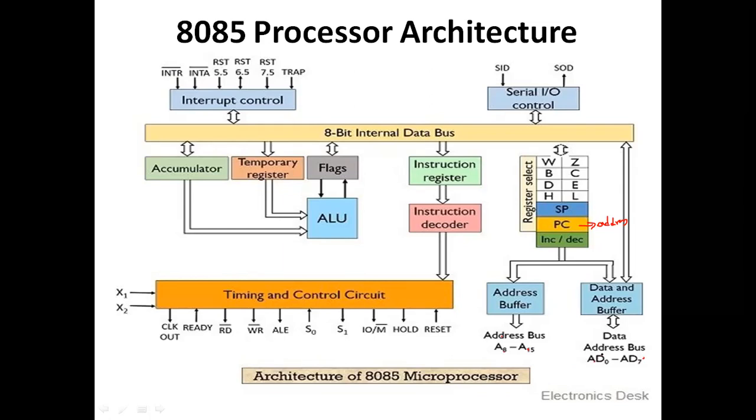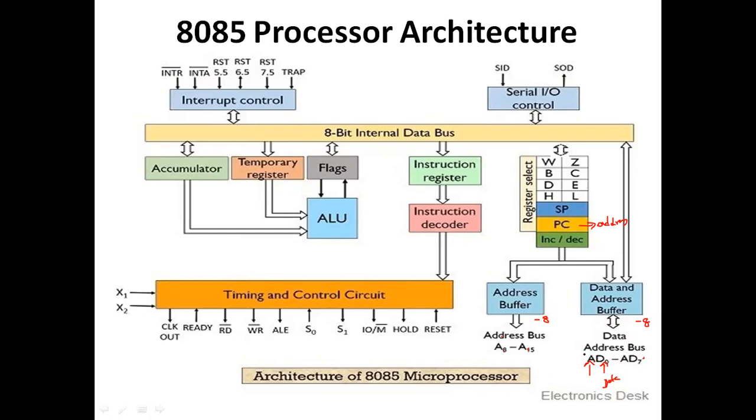If it is 8-bit data, one address bus is enough. If you have 16-bit of data, this bus is going to hold 8 bits and this bus is going to hold the other 8 bits. Here AD0, A stands for address and D stands for data. This address bus and data bus are multiplexed. Why? Because at a time we can send either the address or the data.